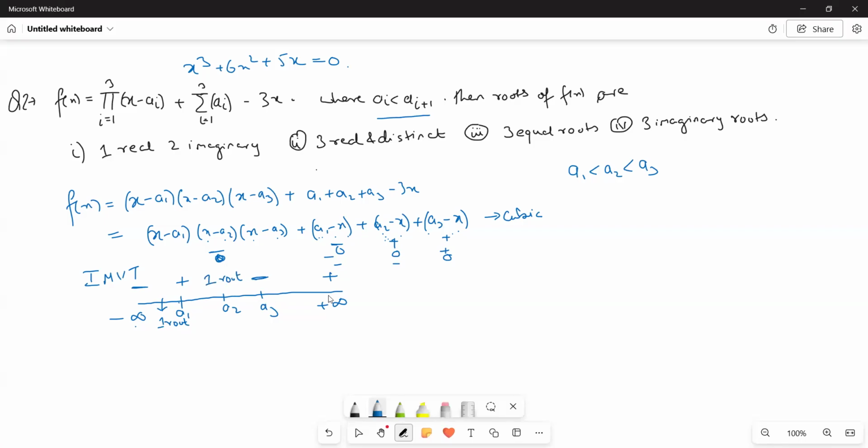And between a3 and plus infinity, एक root यहाँ पे चाहिए. So that means this function will have three real and distinct roots. Is anyone clear on this?